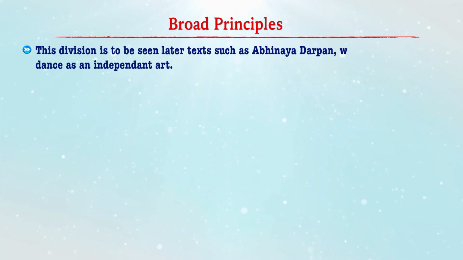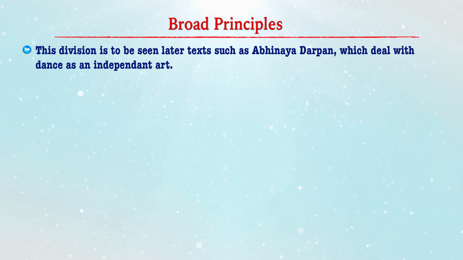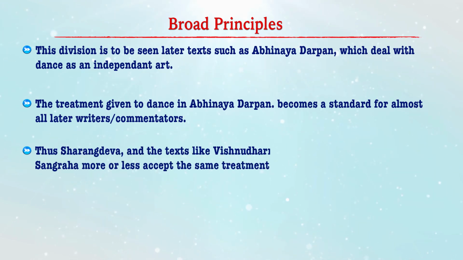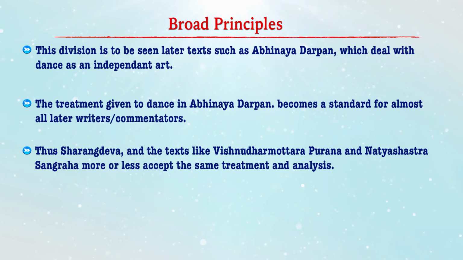The Natya Shastra, as we have discussed, has highlighted this in the context of both dance and drama. This division is later seen in texts such as Abhinaya Darpana, which deals with dance as an independent art. The treatment given to dance in Abhinaya Darpana becomes a standard for almost all later writers. Thus, Sarangadeva and the texts like Vishnudharmottara Purana and Natya Shastra Sangraha more or less accept the same treatment.